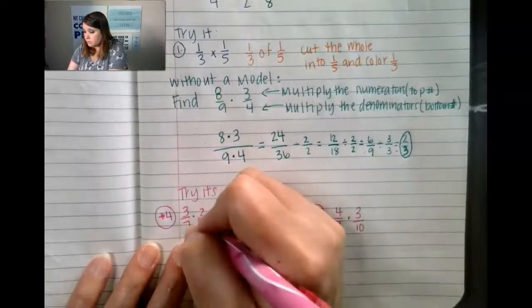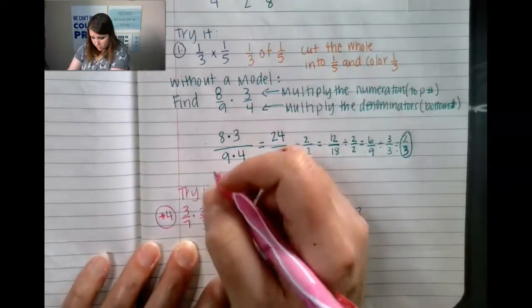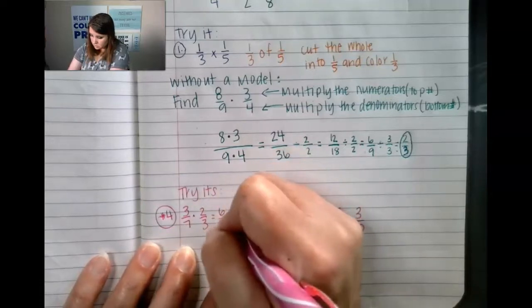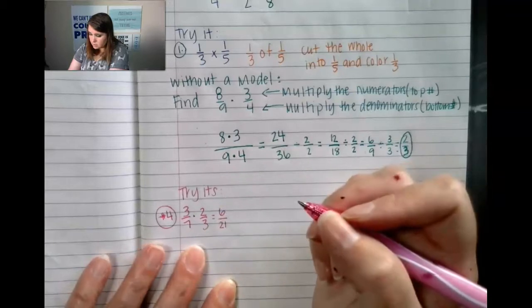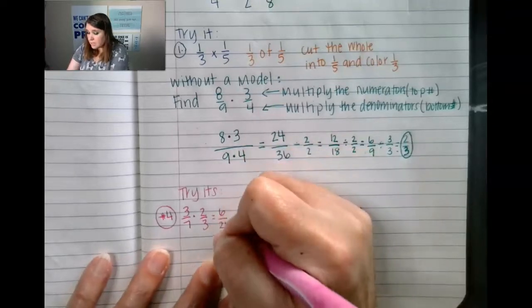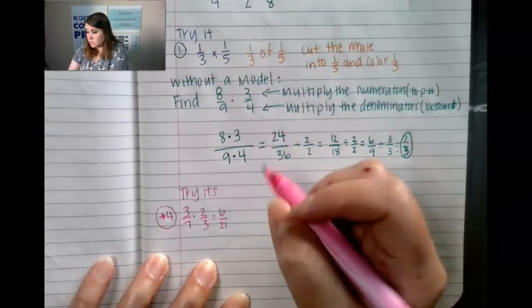Okay, so 3 times 2 is 6. 7 times 3 is 21. And I know that I have pink pen all over my hand. Look at that. You can stop right there if you want, but I know that I want to do 7th grade work.